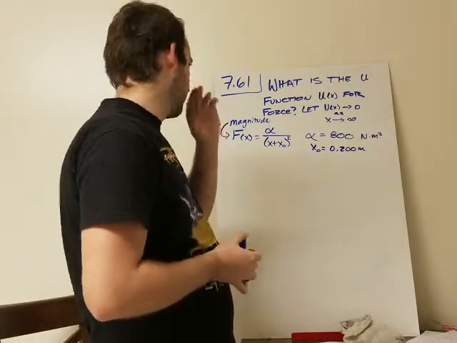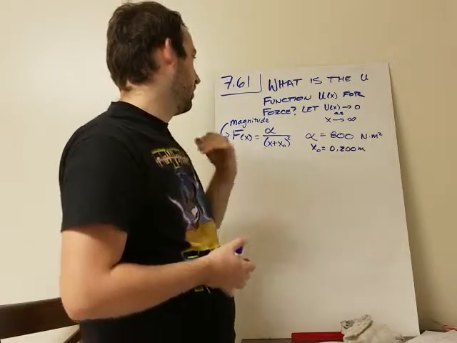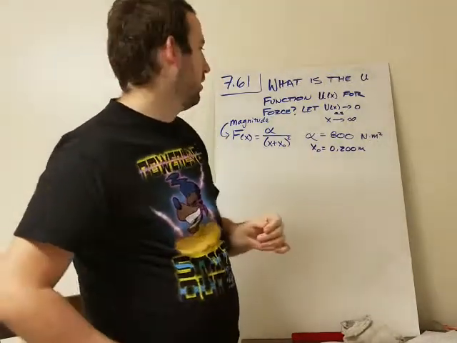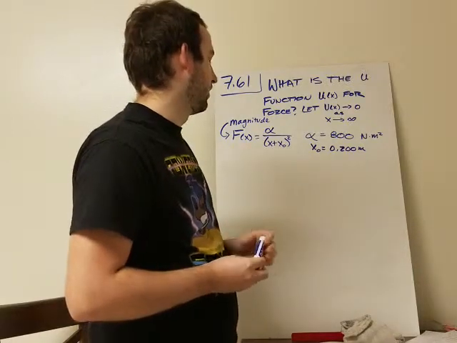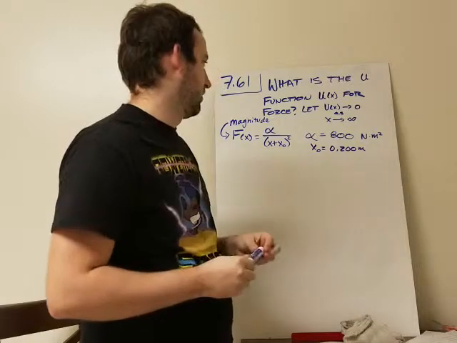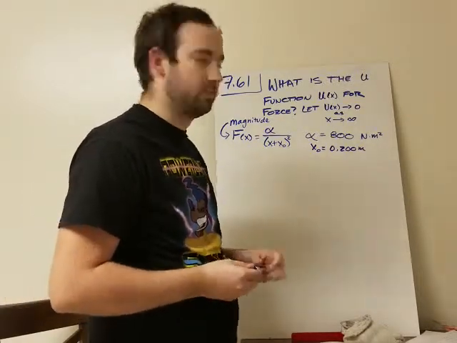It gives the magnitude of that force function, which is alpha over the quantity x plus x naught squared. It also says alpha equals 800 newton meters squared, and x naught equals 0.2 meters.